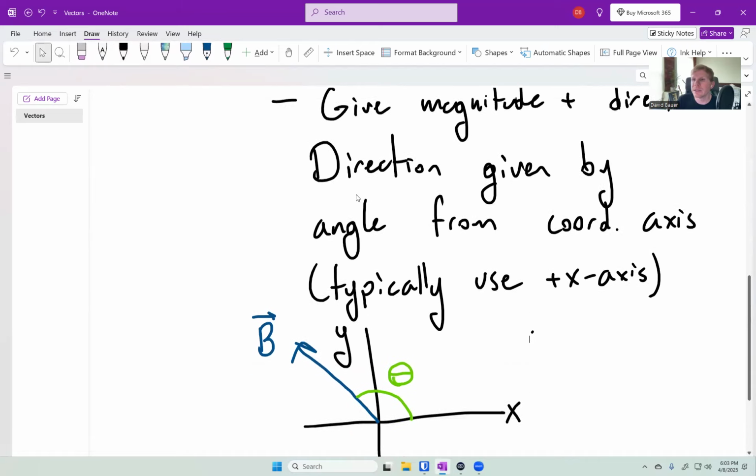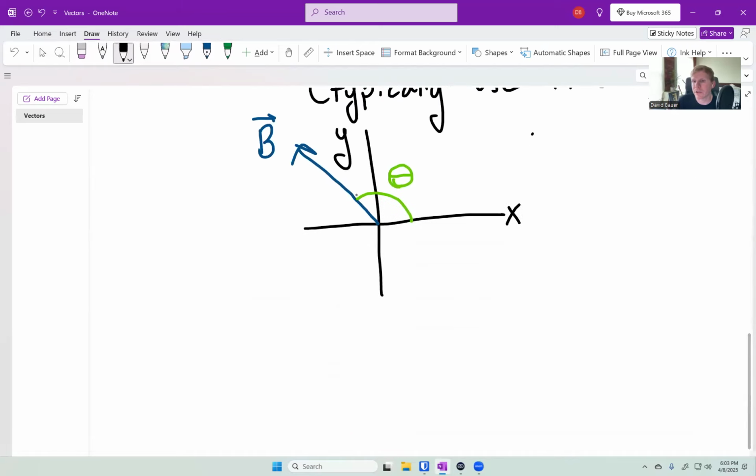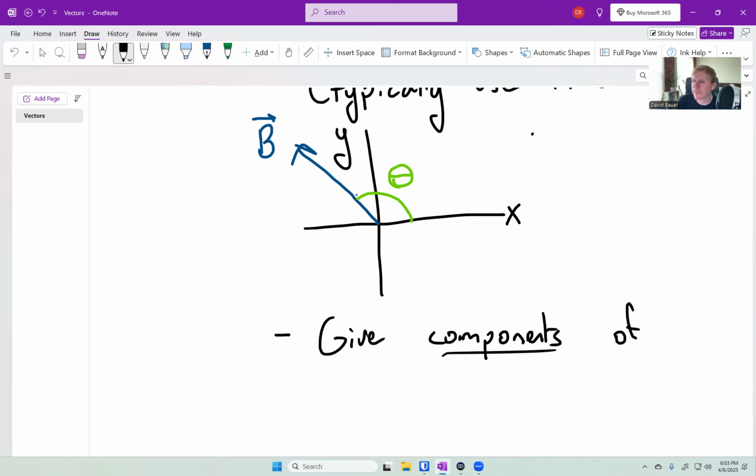Another way is to give the components of the vector. And the components are the projections of the vector onto the coordinate axes.